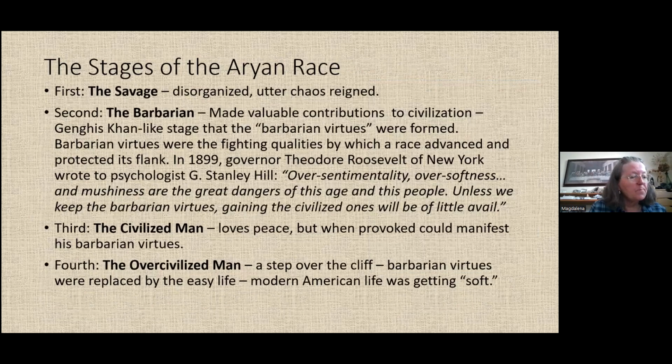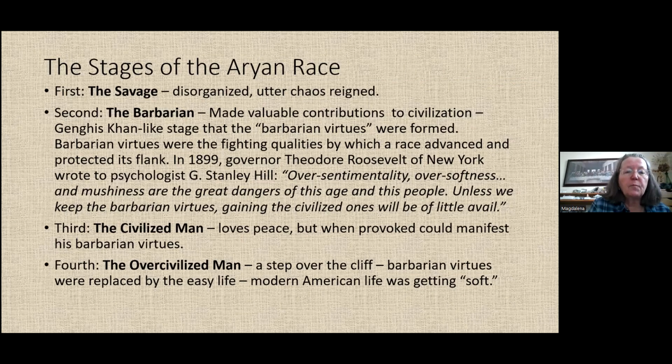So there are apparently 4 stages of the Aryan race. Okay, first is the savage, disorganized, utter chaos reigned. Second is the barbarian, who made valuable contributions to civilization. It's a Genghis Khan-like stage where the barbarian virtues were formed.